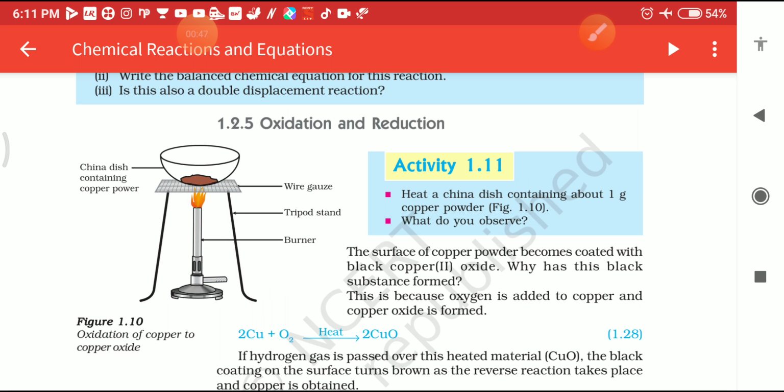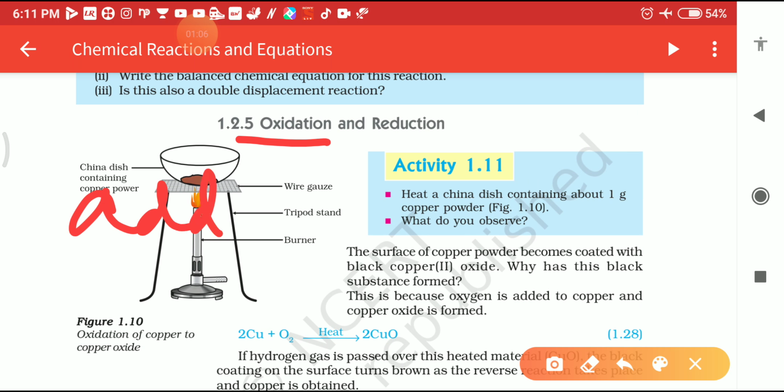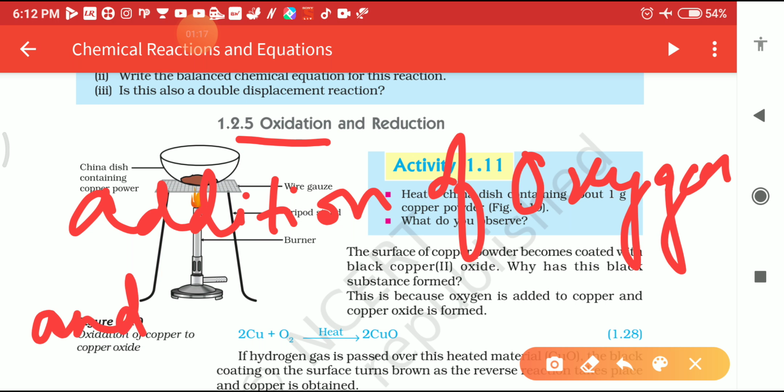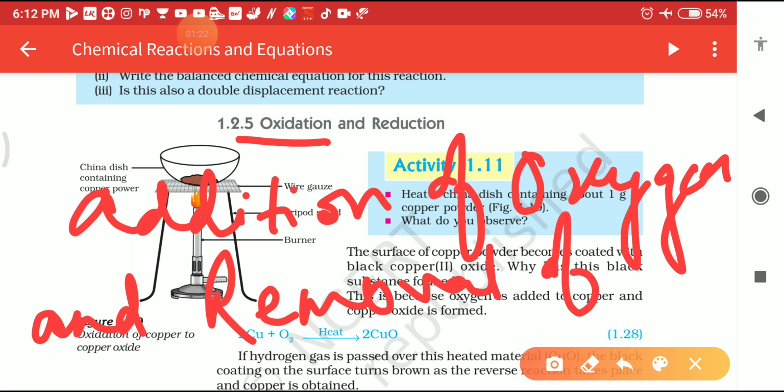Before starting oxidation and reduction, I want to give the definitions of oxidation and reduction. It is easy to understand the whole paragraph then. Students, first of all, oxidation. Oxidation means addition of oxygen and removal of hydrogen.